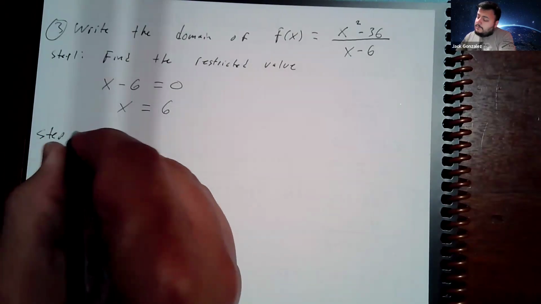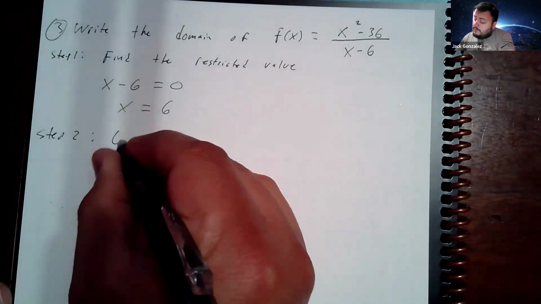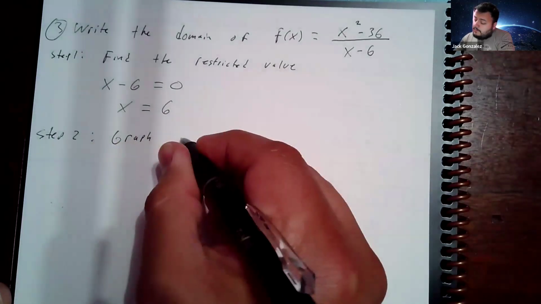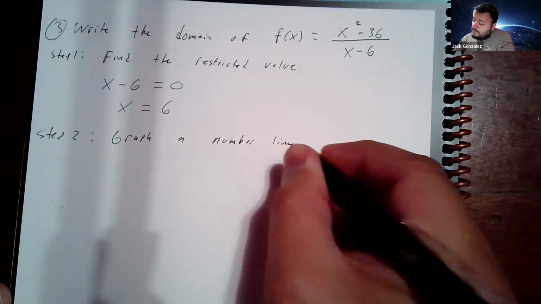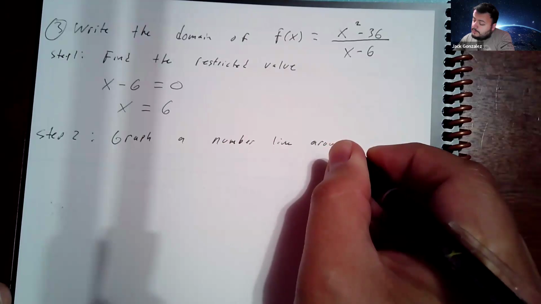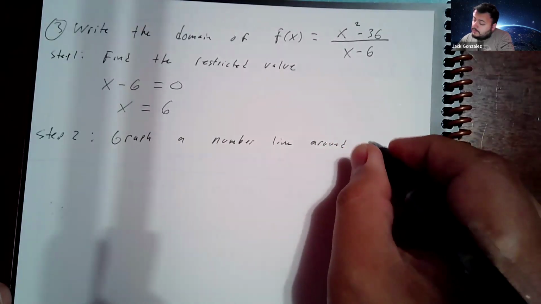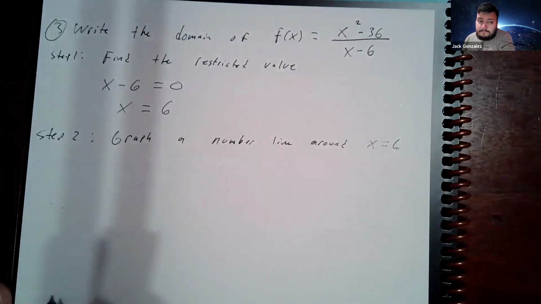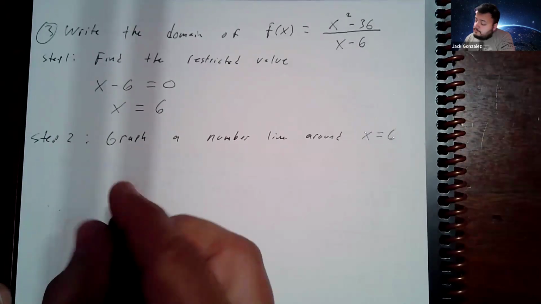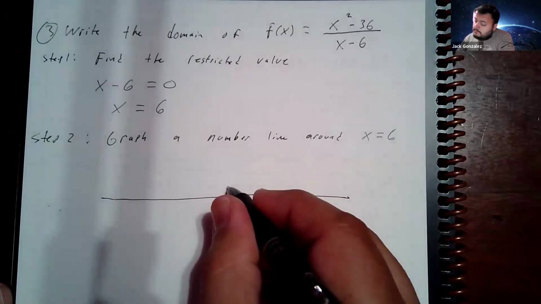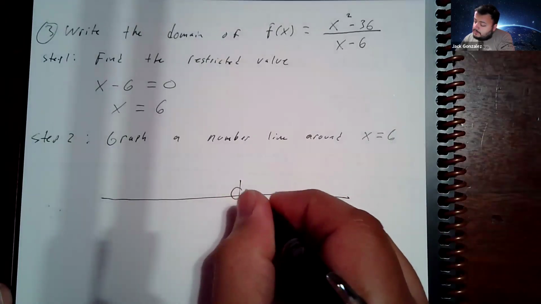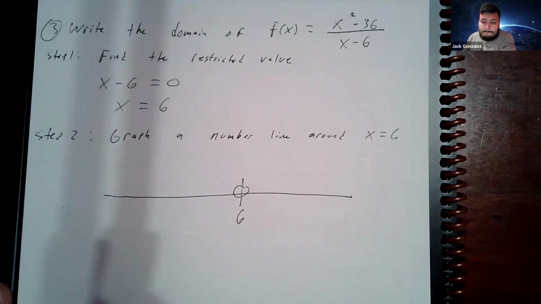So step 2, graph a number line around x equals 6. Okay, so we said that this can happen. We have a hole at 6.